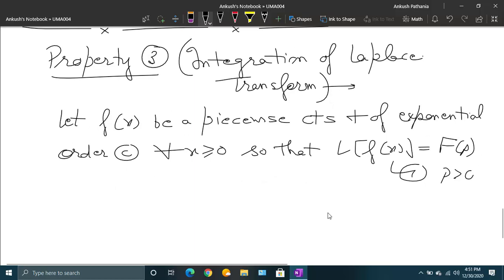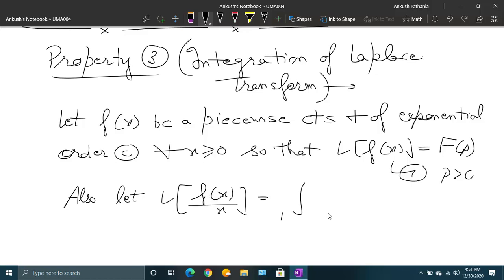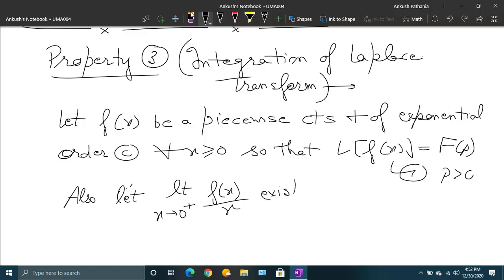Also let Laplace of f(x)/x exist. One more condition that I forgot: let the limit as x tends to 0 positive of f(x)/x exist.